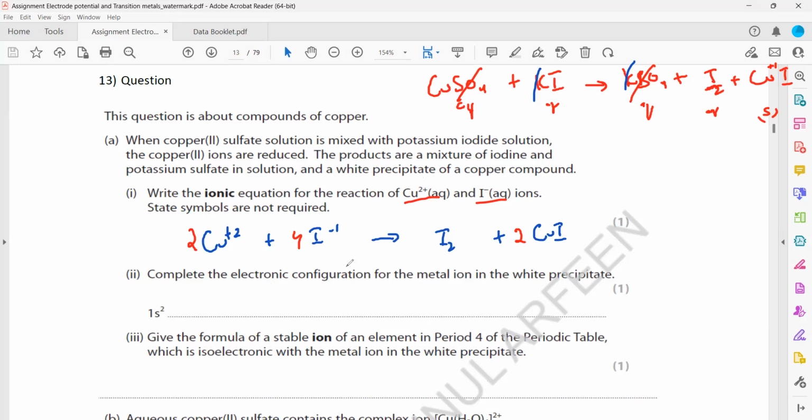Then write an electronic configuration for the metal ion in the white precipitate. So in the white precipitate, we want to write it for copper.